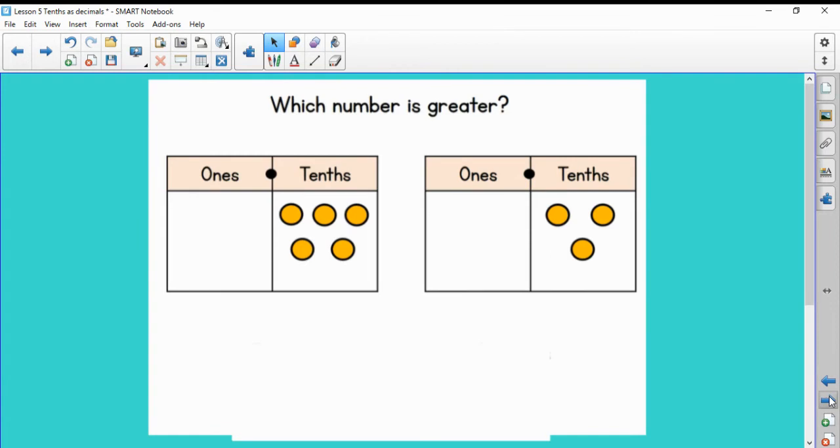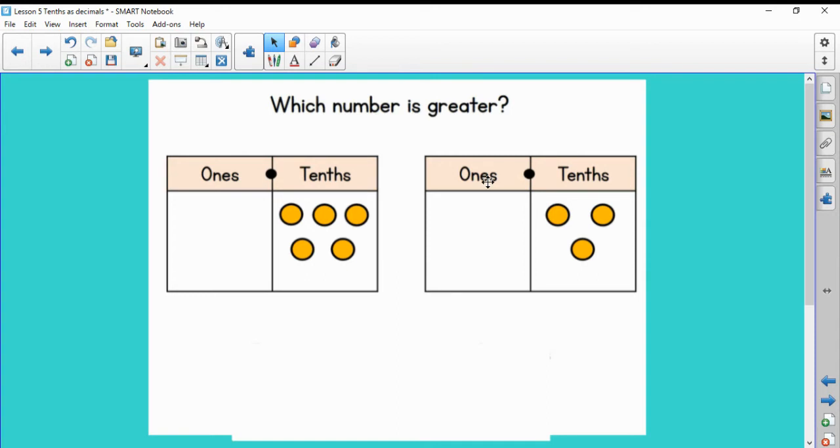Let's have a look at these two place value charts. It's asking us which number is greater. So first of all, let's look at the first place value chart. What is this number? There are no ones, but there are 5/10. The number must be 0.5.